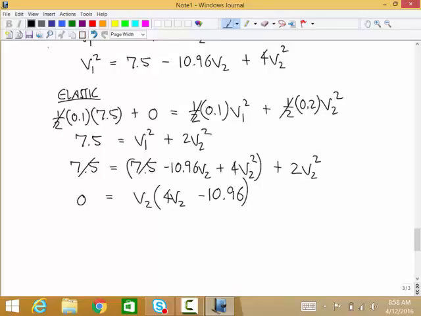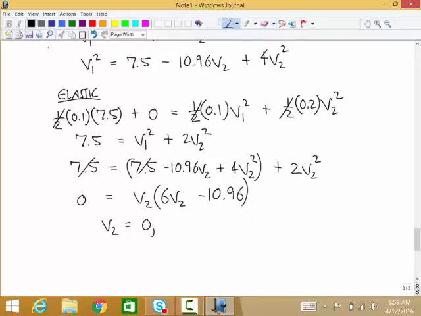So the two roots: v2 equal to 0 is one root, the other one is 10.96 divided by, well, you should have 6 inside. Yeah, this should be 6, thanks.